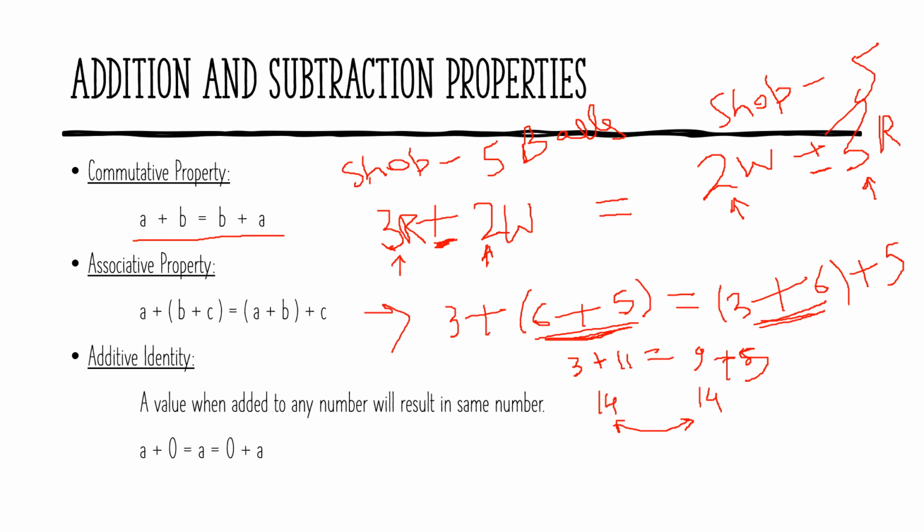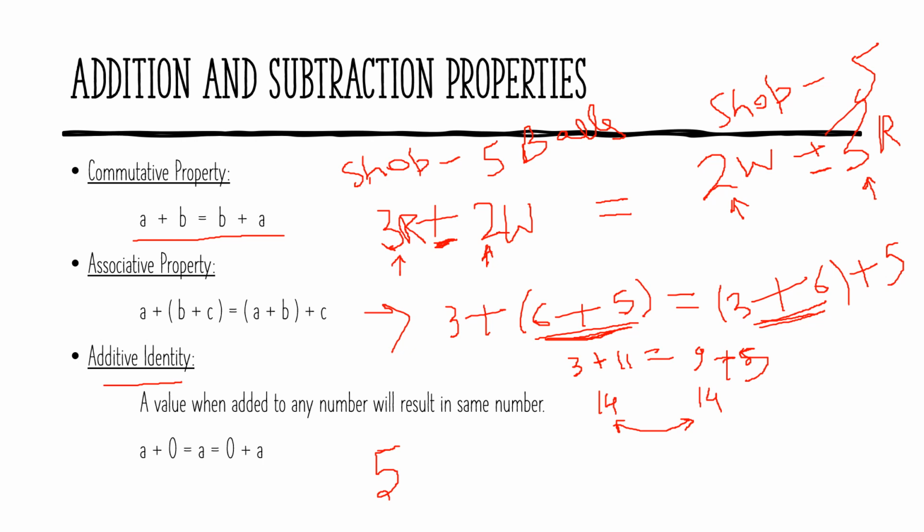Now let's come to the additive identity. The additive identity is a number, a value, which can be added to an integer, and the value of the integer should remain the same. Suppose the number is 5, and you have to add something to it, but it should result in the same number.